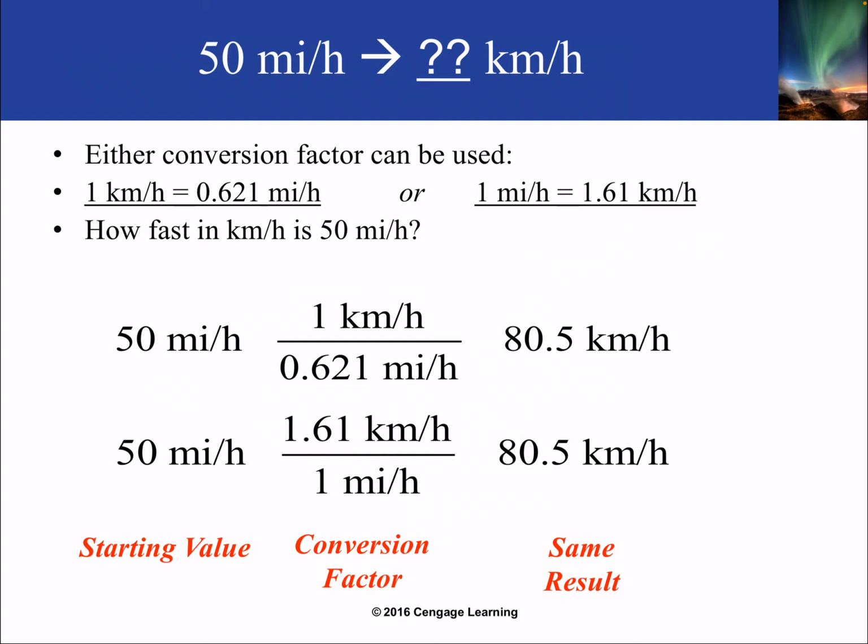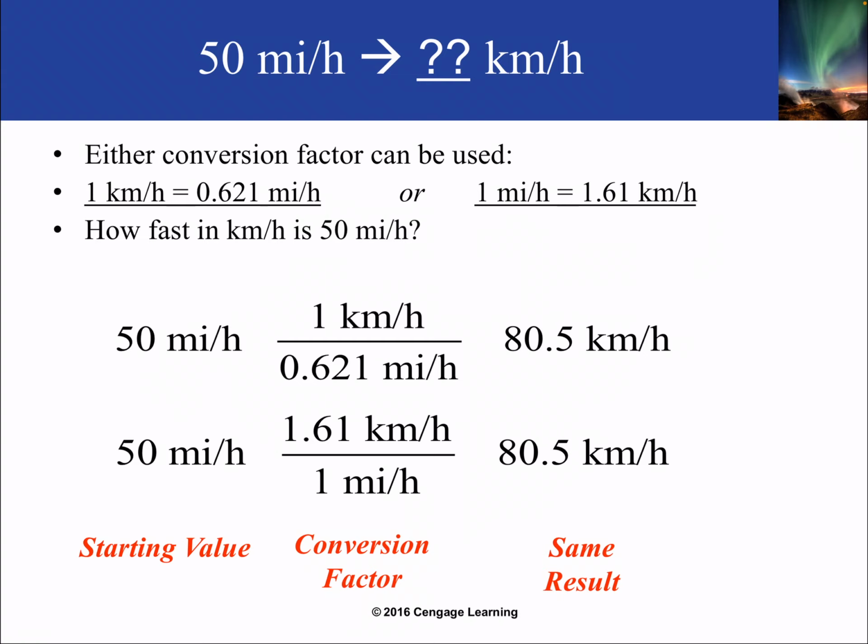So now sometimes what you're going to find is there's more than one conversion factor that you can use. So basically in this example, you look up and you find that 1 kilometer per hour equals 0.621 miles per hour, but you also notice 1 mile per hour equals 1.61 kilometers per hour.